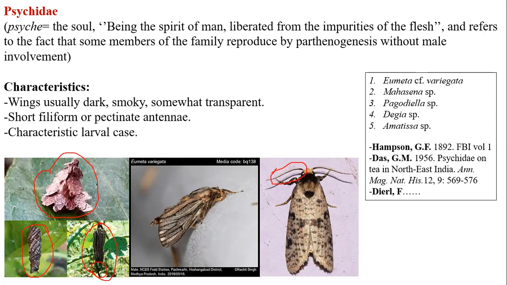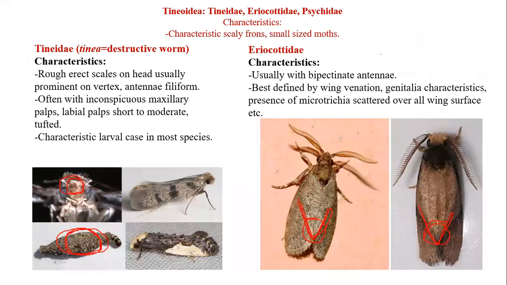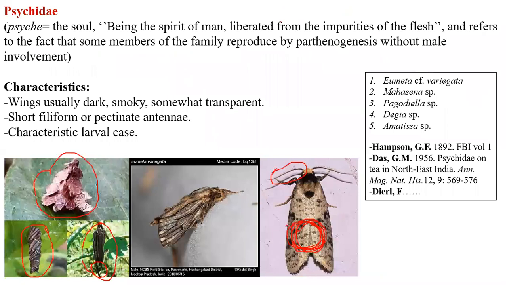And if you notice one thing at this point of their wing, you can distinguish that this does not belong to family Eriocotidae but Psychidae instead, because I have already said that in Eriocotidae, this part of their wing usually shows a V-like structure, which is formed by the folding of wings. However, family Psychidae members don't have this V-like structure. So it is easy to separate a Psychidae from family Eriocotidae.